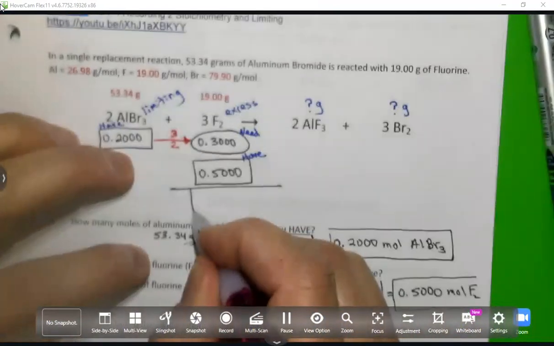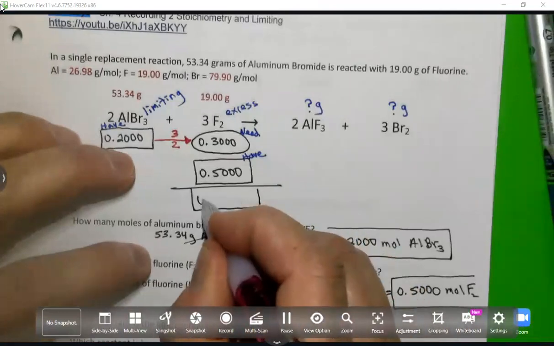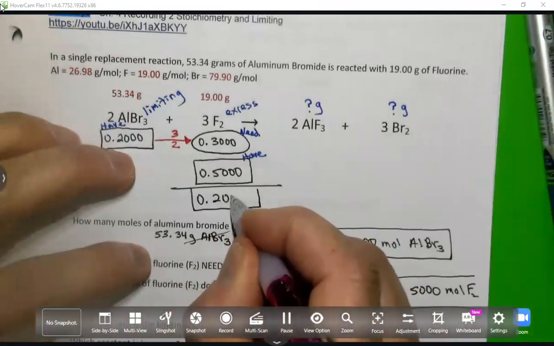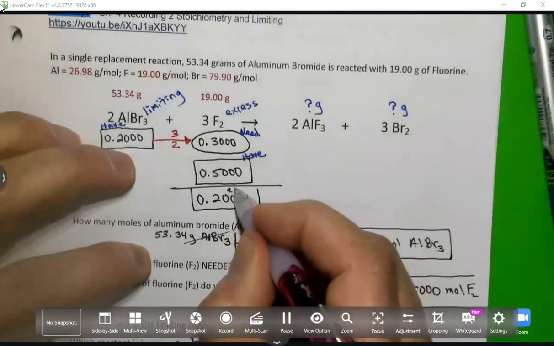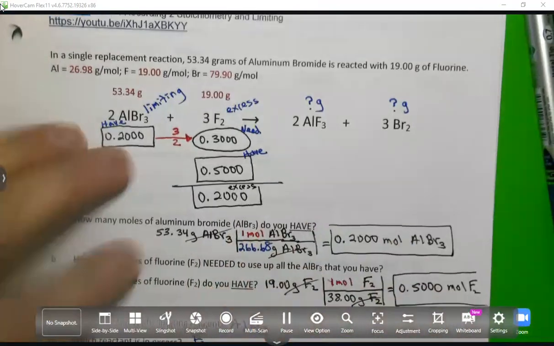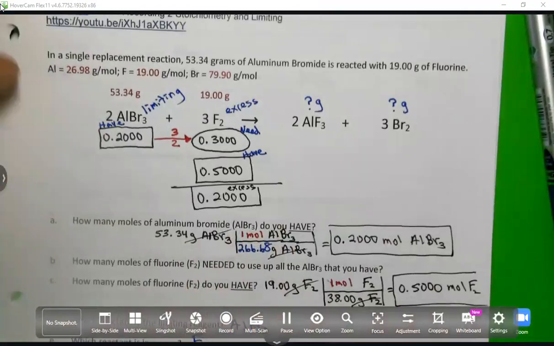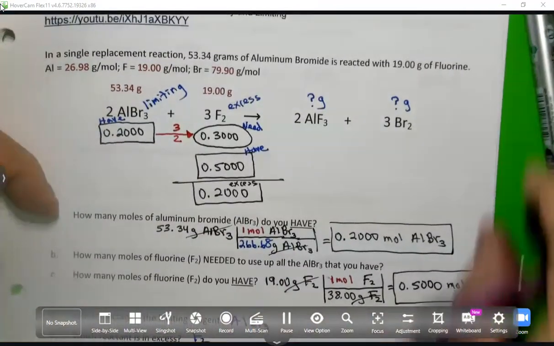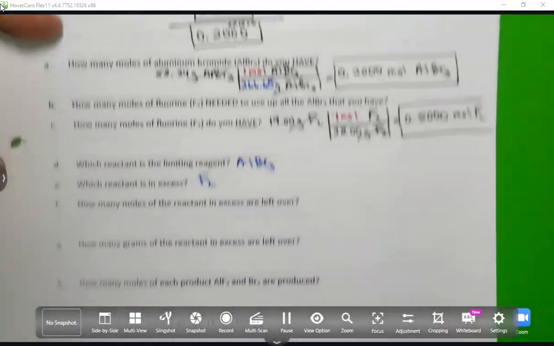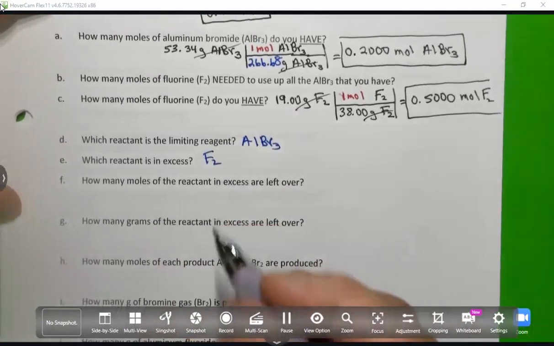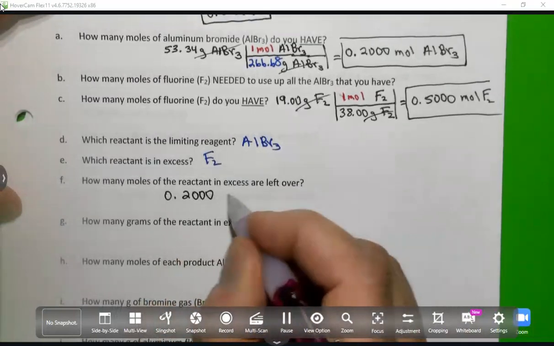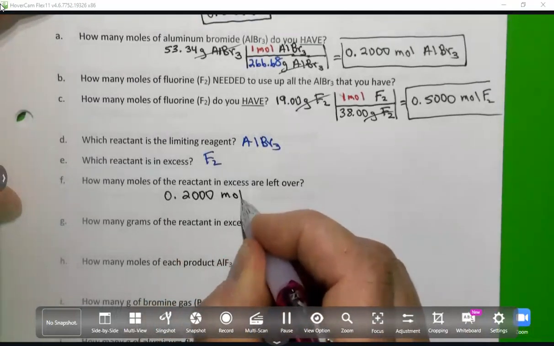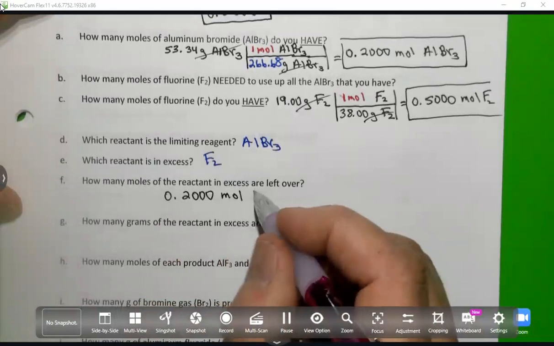So I guess I could just do it this way. 0.2000 excess. So 0.2000 mole F2.